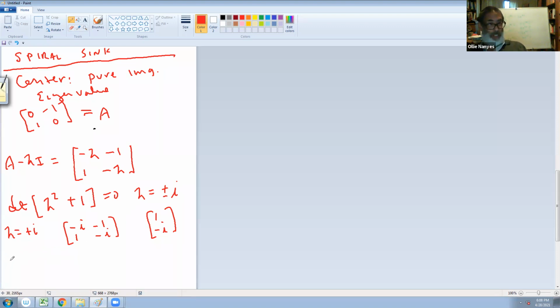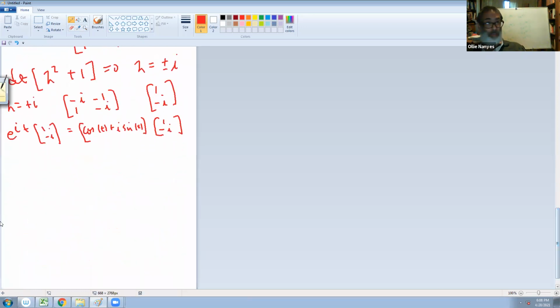So our solution is going to be e to the it. Breaking this down into real and imaginary parts, that's cosine of t plus i sine t times 1, negative i. And that, of course, gives us x is going to be cosine t plus i sine t.